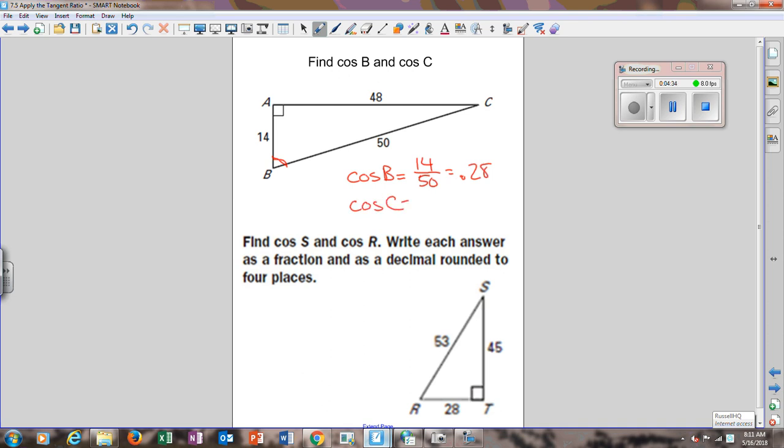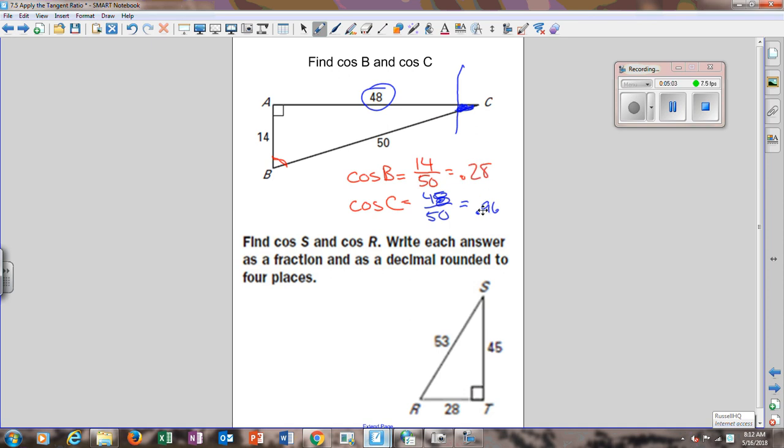Cosine of C is equal to the leg adjacent to angle C. So it would be the 48 divided by the hypotenuse, which is 50. That gives us 0.96.